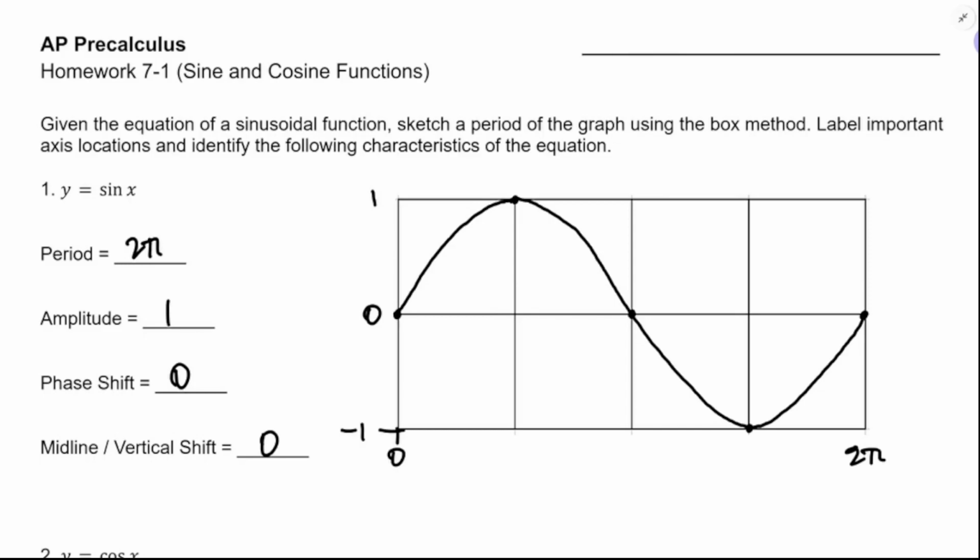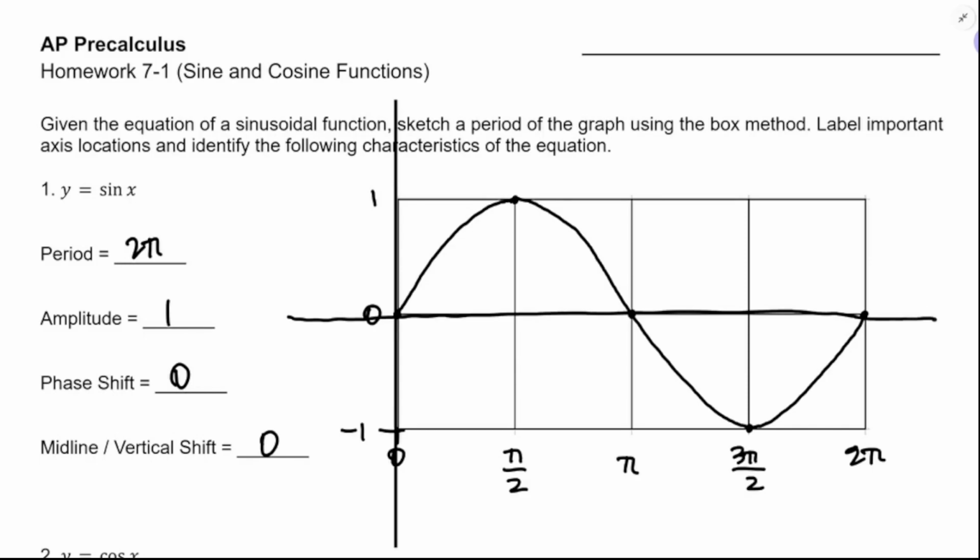I haven't labeled quite everything, so I can label this. And then I like to also label the axes as well. Wherever x is 0, that's going to be the y-axis. Wherever y equals 0, that's the x-axis. All right, great. And we've got ourselves a nice looking graph here.